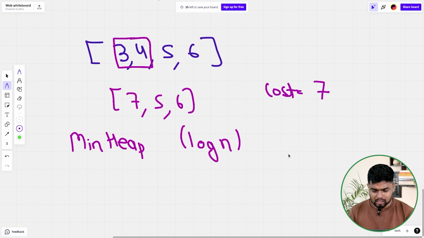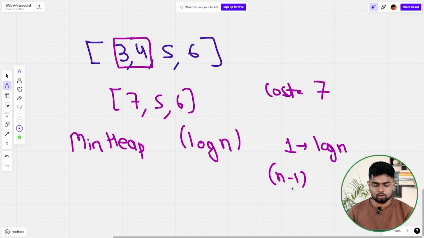So when we make one connection, that would take order of log n time. Overall, how many connections will we make? If you keep connecting one by one, the total number of connections needed is n minus 1, because if you connect n minus 1 times, every rope is connected. So the cost will be n minus 1 times log n, which is overall n log n.